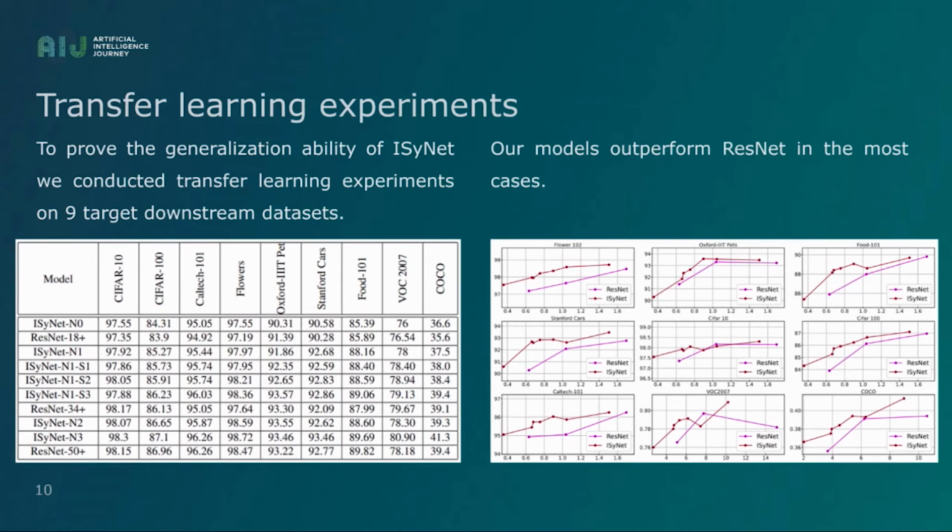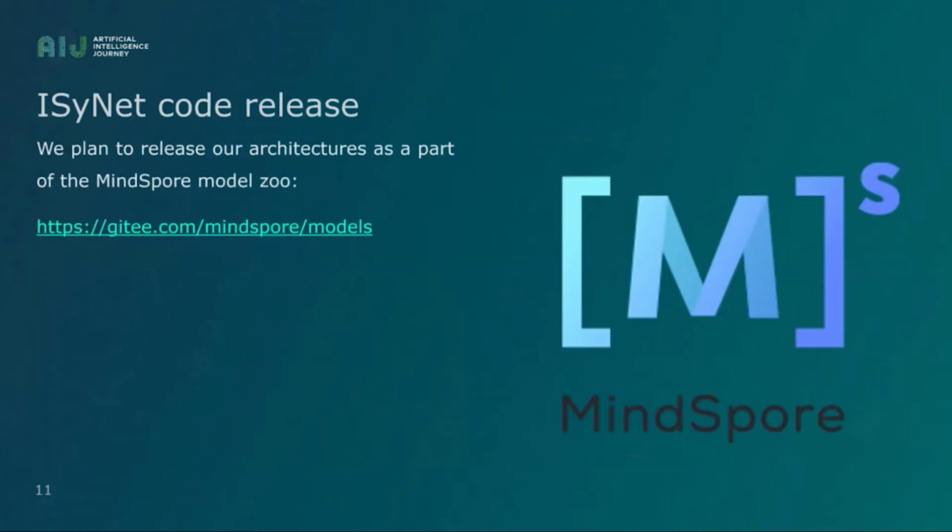But it's even more important that the models be applicable for some practical tasks, and we reviewed 9 target datasets, and again you can see that in most points our models outperform the best ResNets we could obtain, and we can arrive at a conclusion that our models would be good for real scenarios in the area of computer vision.